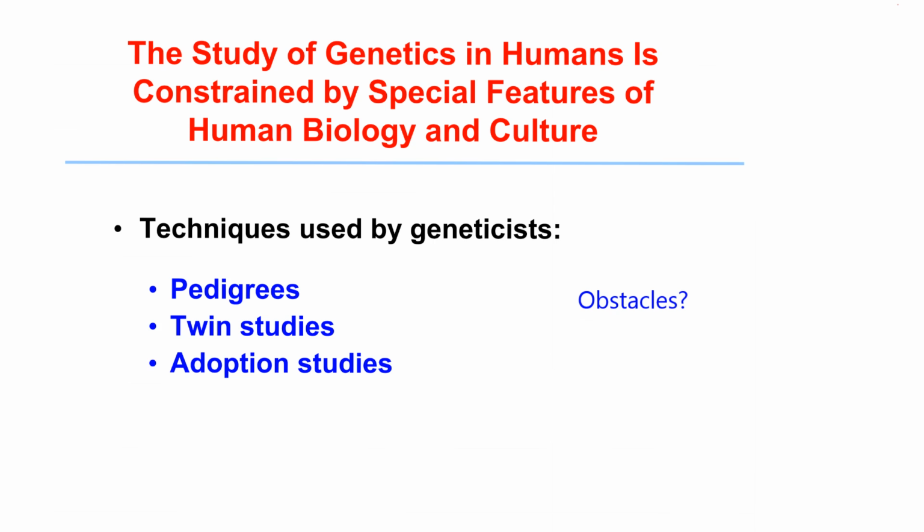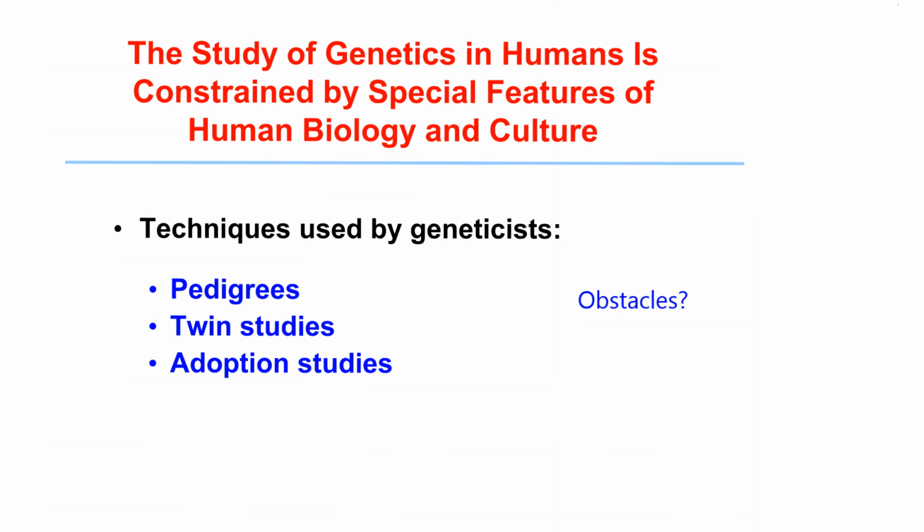Now, the second obstacle is long generation time. If you work with fruit flies, you can get offspring in 2 weeks. With bacteria, it's even faster. Give bacteria optimal conditions and you will have a new generation in 20 minutes. What about humans?